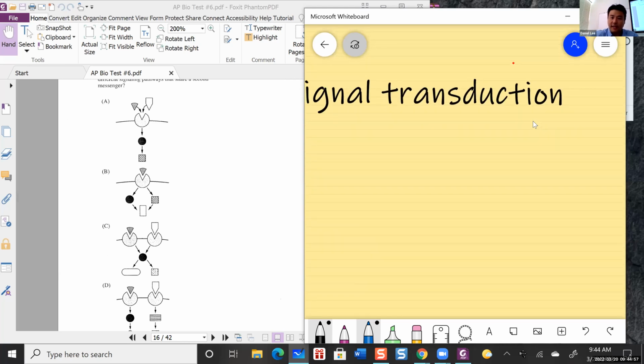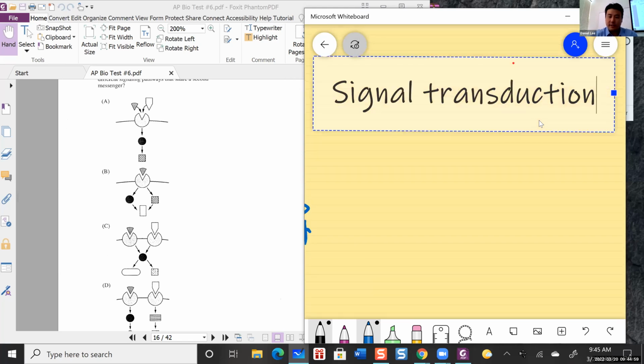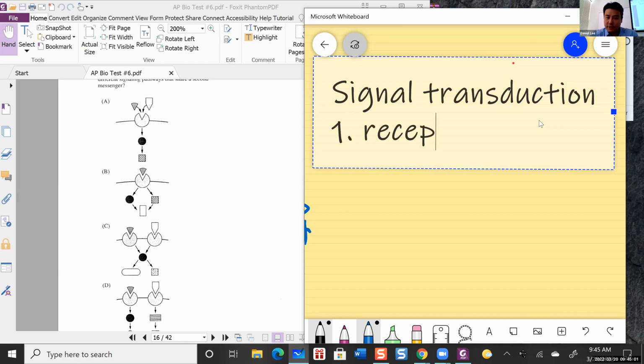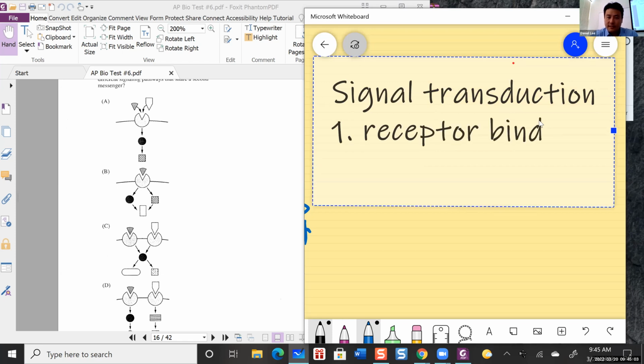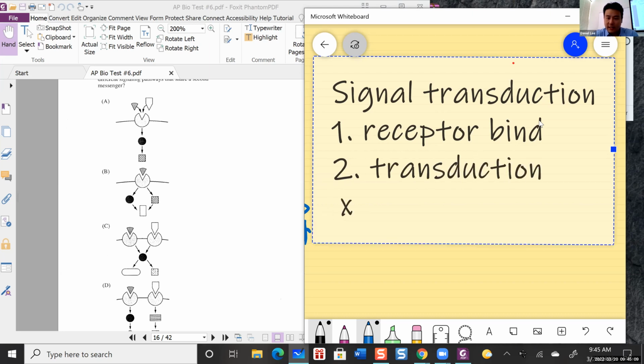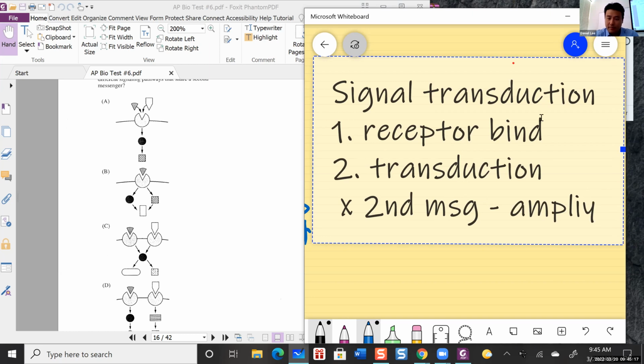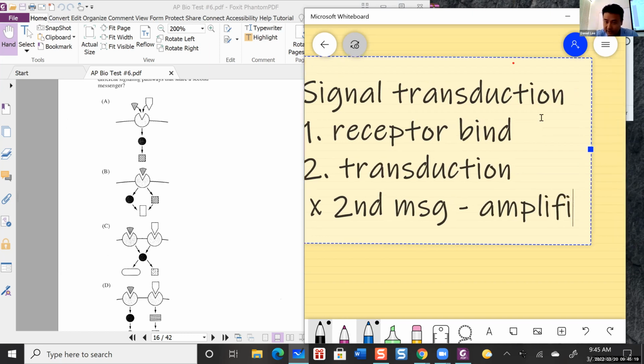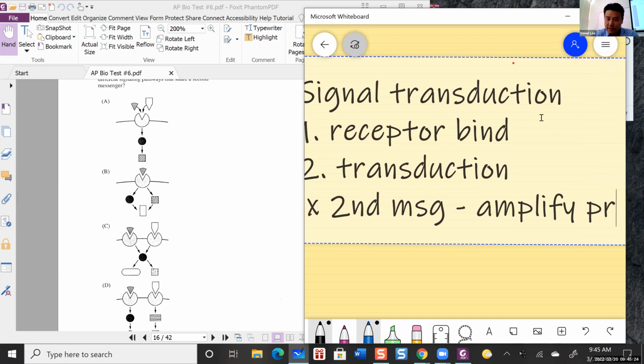Signal transduction. So what are the three steps again? Receptor binding. The second one is the transduction, and transduction involves, again, always the secondary messenger, which amplifies the primary messenger.